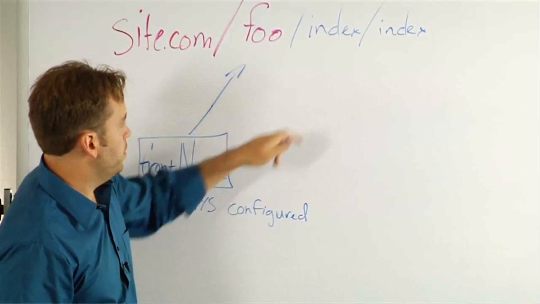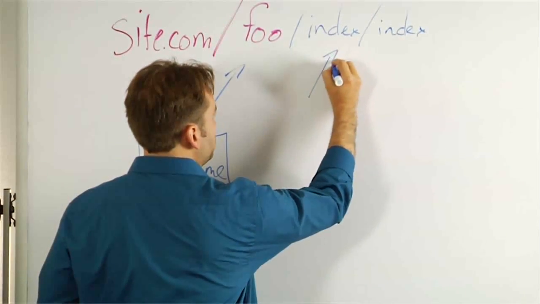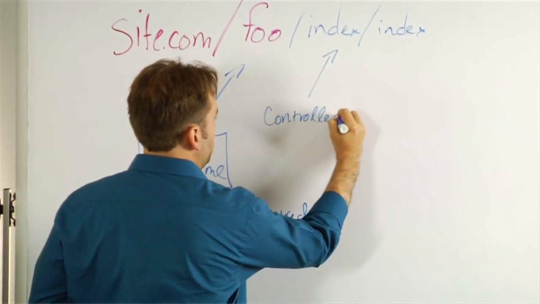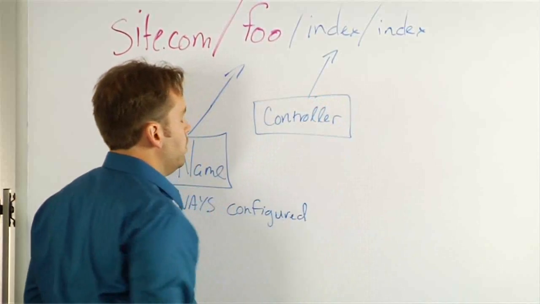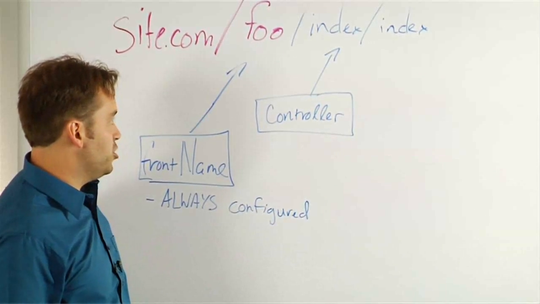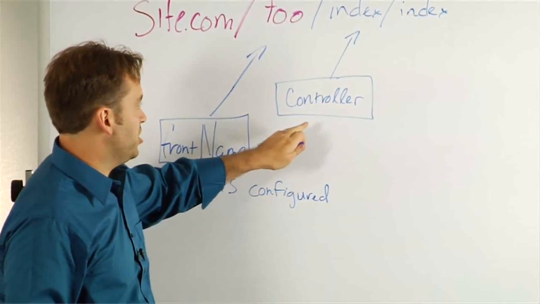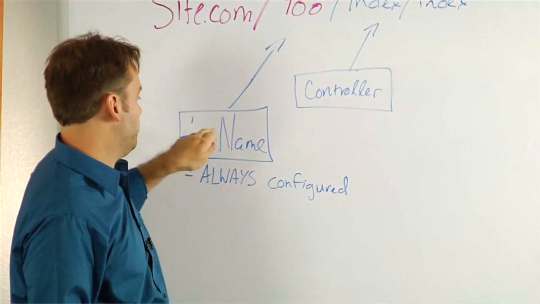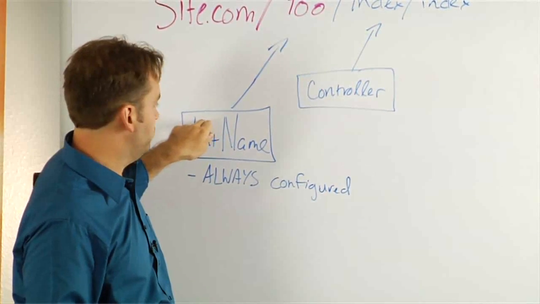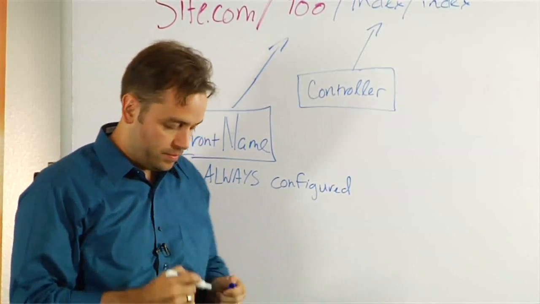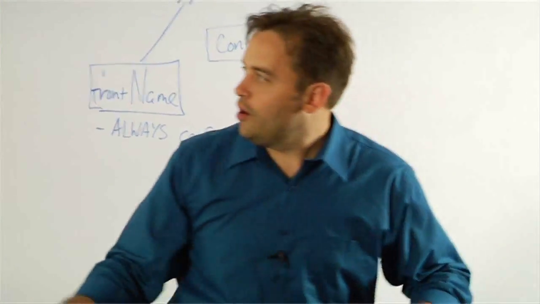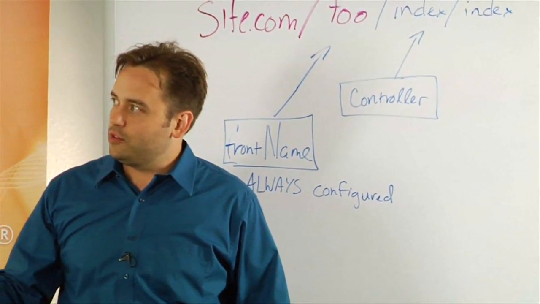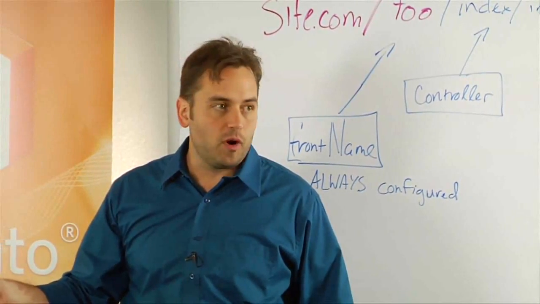All right. Controller name. The controller name is just a matter of matching a path after the path that I've configured for my front name. So front name is used to match a module name or a module path, foobar.